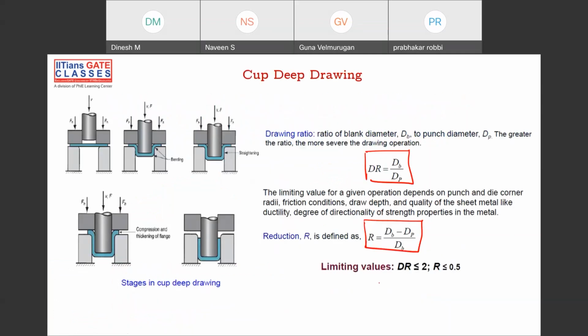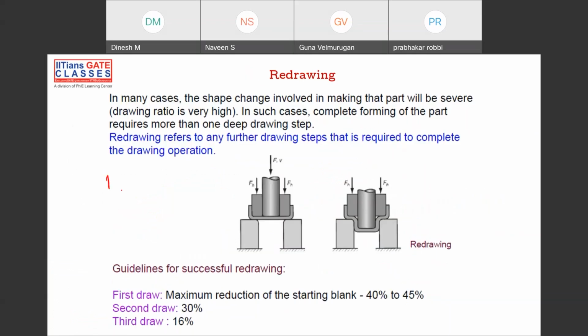Fine. So why do we have to redraw? Because we have seen the limitation. The limitation of the drawing ratio is 2. It means that if the diameter of blank divided by the diameter of punch is equal to 2, then it's okay. If it is equal to 3, then it's not good. Let's say the diameter of punch is 10 mm, and the diameter of blank is 40 mm, a bigger blank.